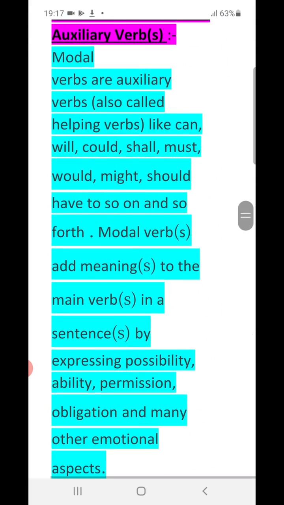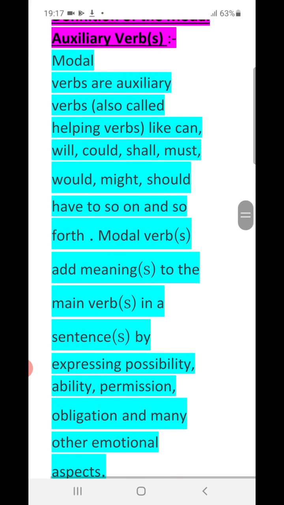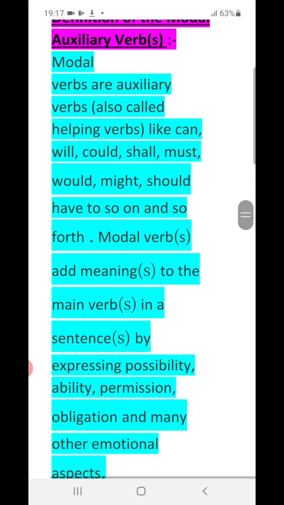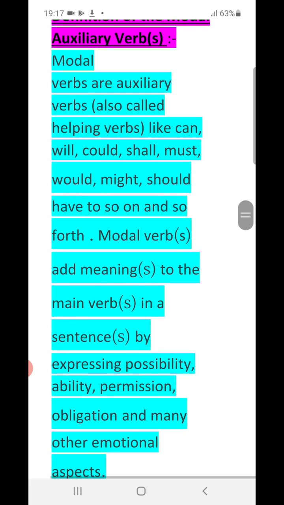Modal verbs are auxiliary verbs, also called helping verbs, like can, will, could, shall, must, would, might, should, have to, and so on and so forth.